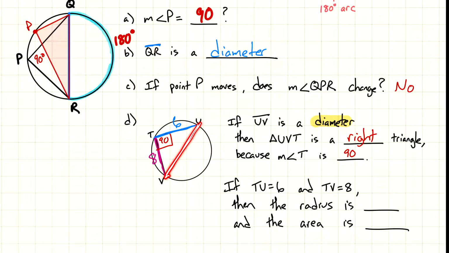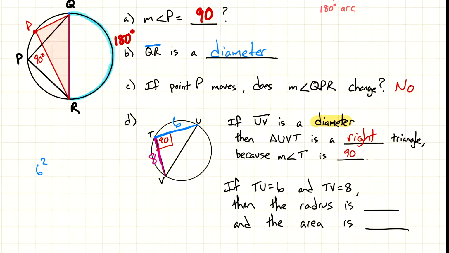All right, so what is the measurement of UV? Now the radius is not UV. UV is half of this. So if I could figure out the whole thing, then I could figure out the radius. So then my first question to you is going to be, well, what's the diameter of this? So I'll help you set this up just so we could get this started. So we're going to use Pythagorean theorem here.